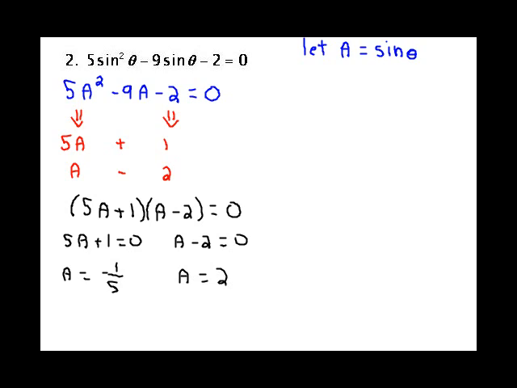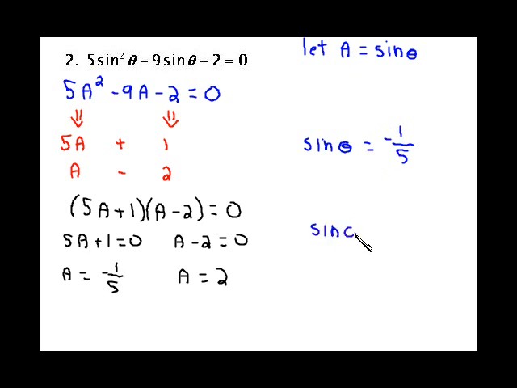We now have to get back to trigonometry. So this is going to tell us that sine of theta is equal to negative 1 over 5. Always do a quick look to see, do I know the answer to that one? Is that a special angle? In this case, the answer is definitely no.